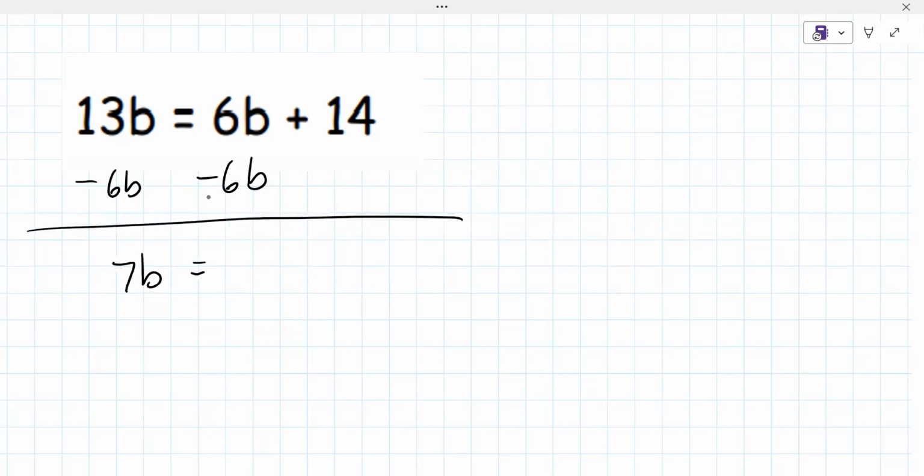So 7b equals 14. Now look at the side with the variable. So you divide both sides by 7 and b equals 2.